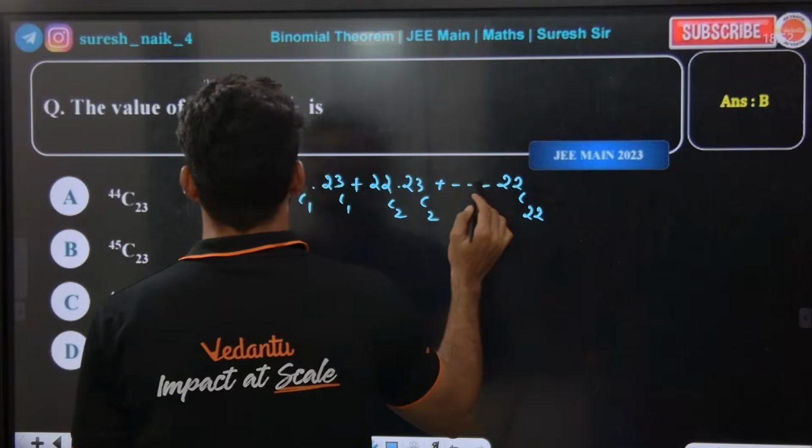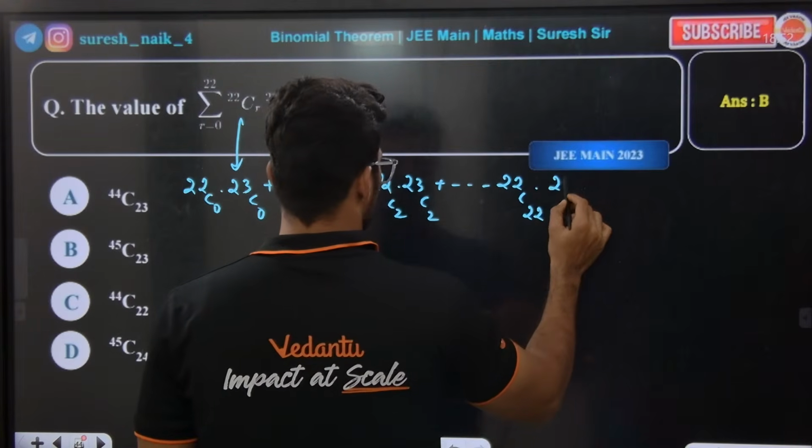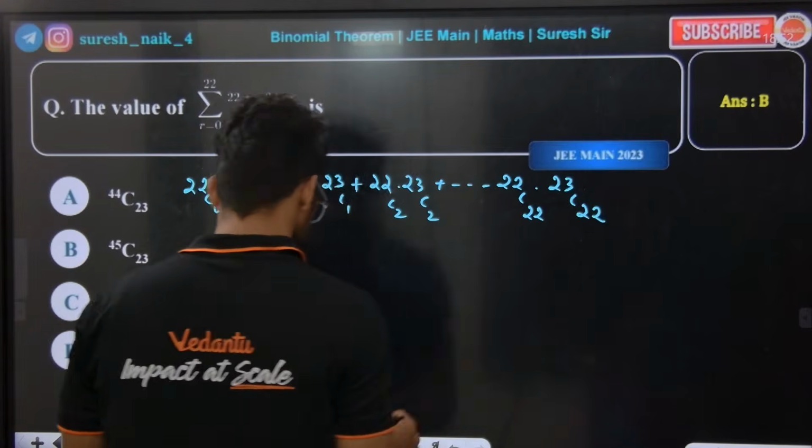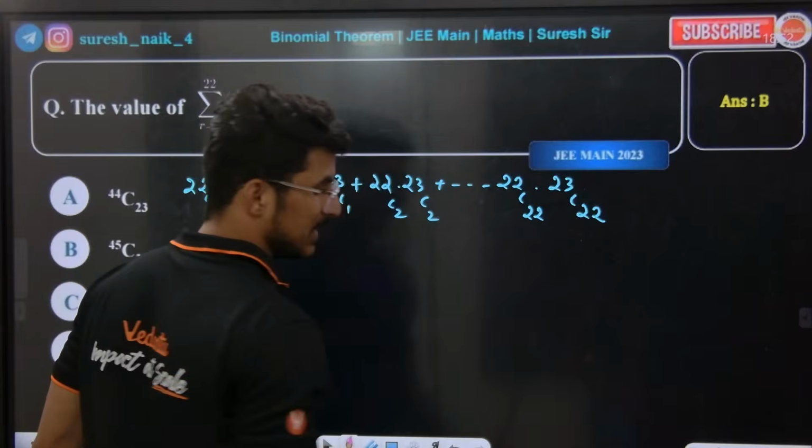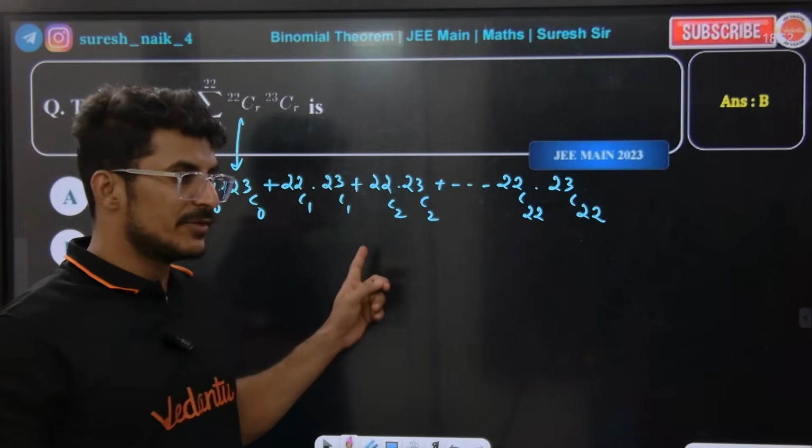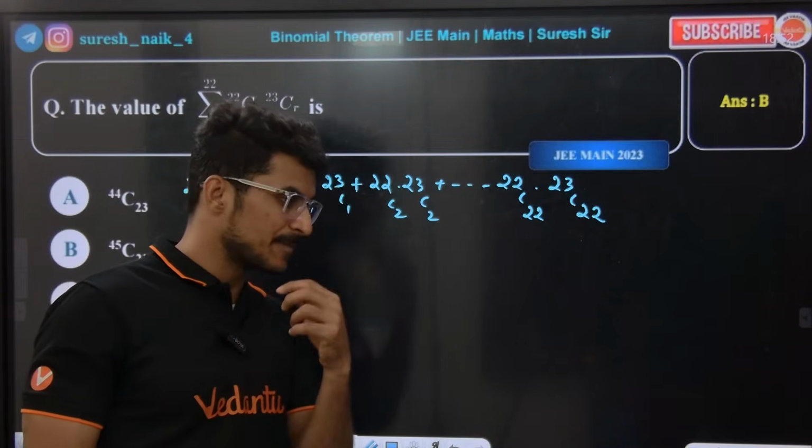With r value 22, 22C22 times 23C22. This looks like a binomial series.